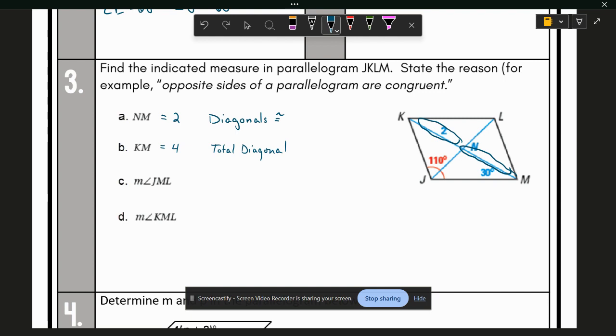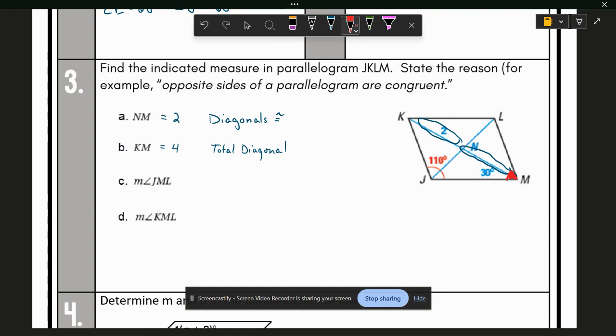So what's the measure of JML? Let's find out where that is. JML looks like it is this angle down here that I've put in red. So if it tells us that angle J is 110, how could I find the measure of M or JML?